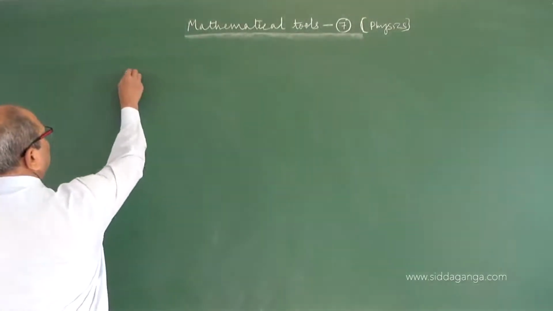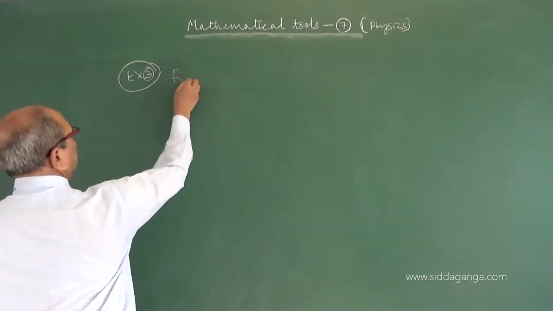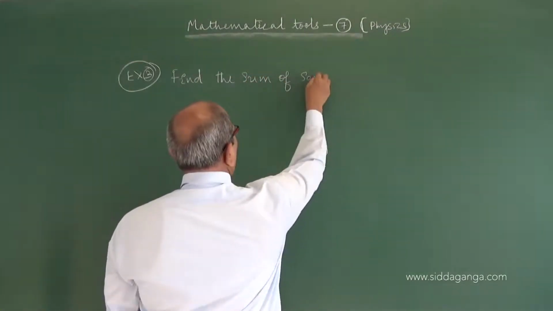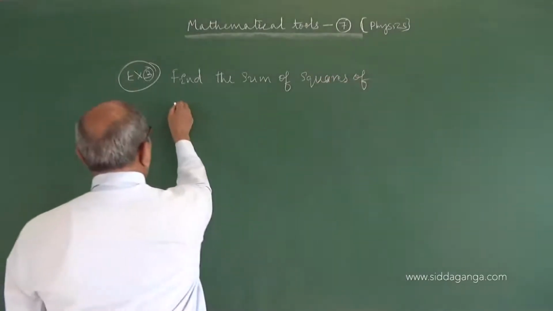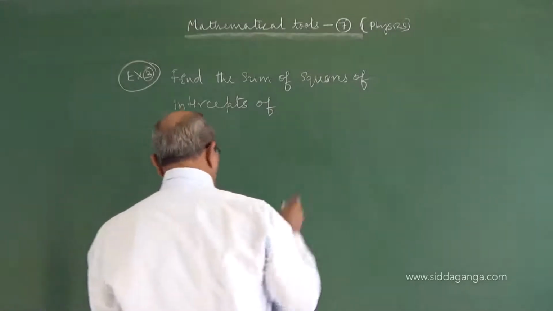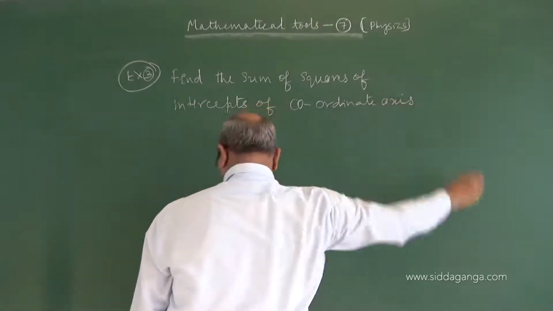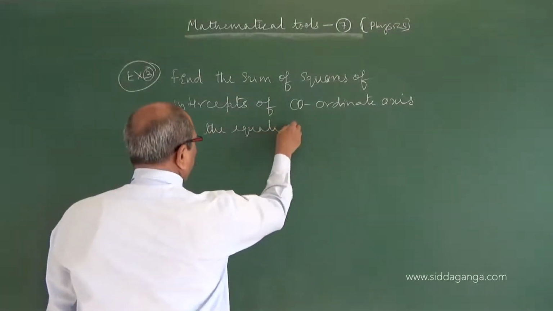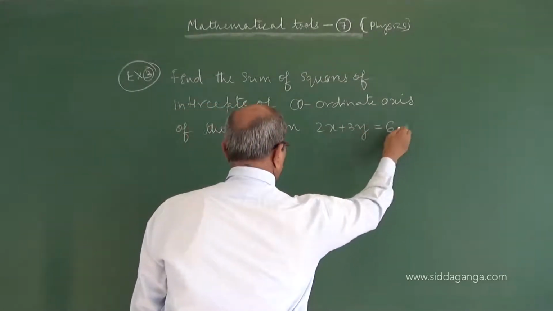Example 3: find the sum of squares of the intercepts of the coordinate axes of the equation 2x plus 3y is equal to 6.